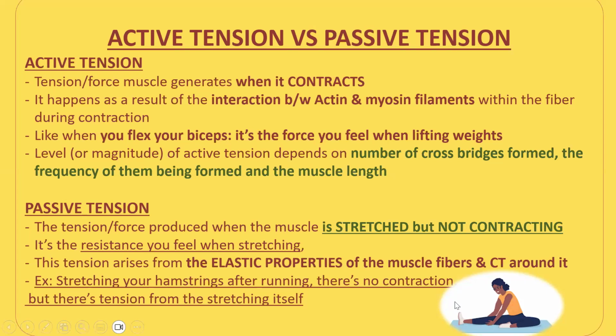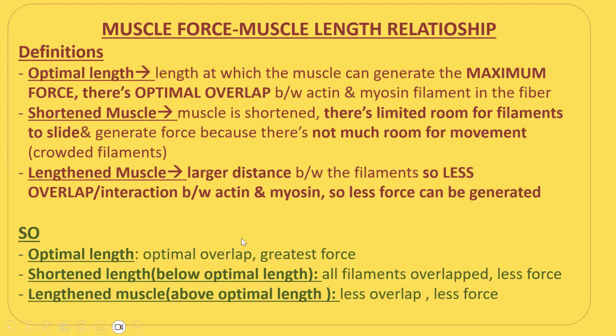Why? Because the muscle is stretched beyond its limit. And the second thing is that the distance between the filaments is the largest. When you are stretching the muscle, you are increasing the length of the muscle, you are basically pulling the filaments away from each other. So optimal length, optimal overlap, greatest force.